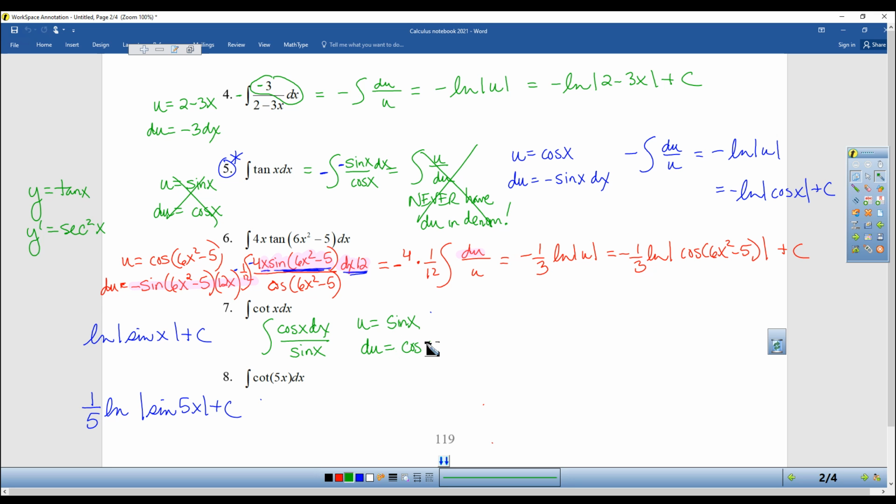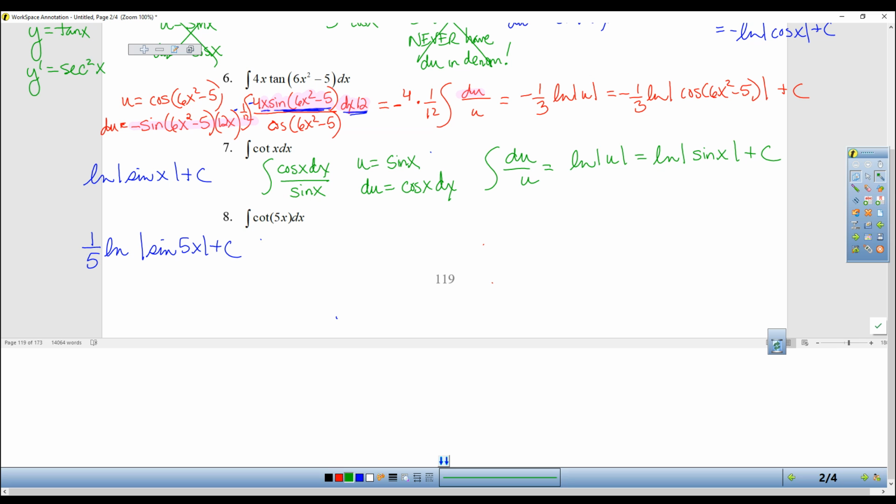So du is cosine of x dx. That makes it all very straightforward. The cosine of x dx is now my du, and the sine of x is now my u. This fits the pattern that I'm looking for, so I can write my answer. My final step is to put the u back in. U was sine of x, and I'm done.